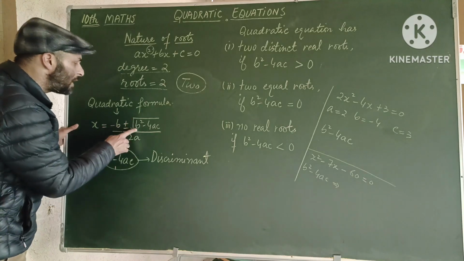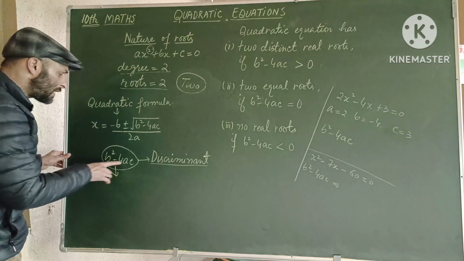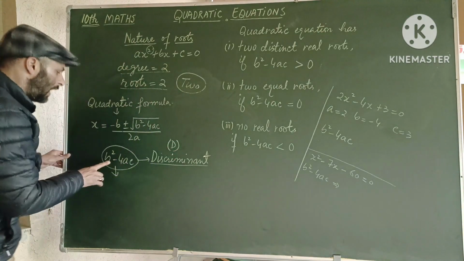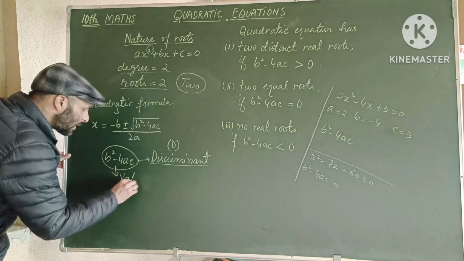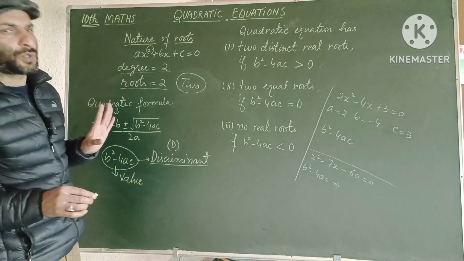Here, b square minus 4ac is the discriminant, which we denote by D. The nature of roots depends on its value.